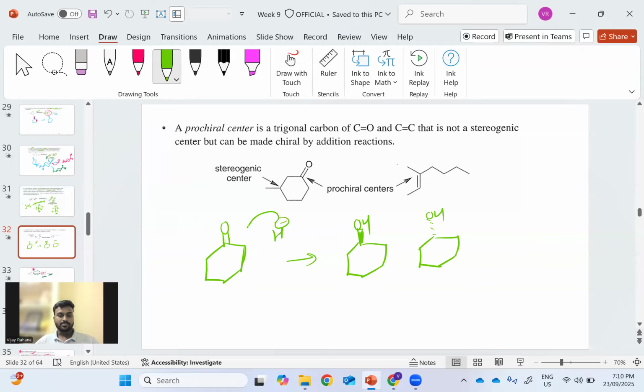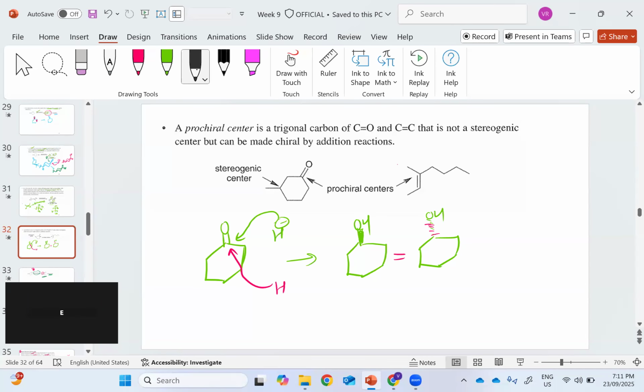If hydride attack takes place from the bottom side, then we get the beta-directing alcohol, and if hydride attack takes place from the front side or the top side, we get the alpha-directing alcohol. But in this case both are equivalent, because this starting material has a plane of symmetry.